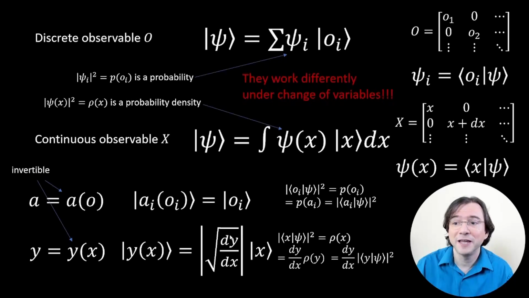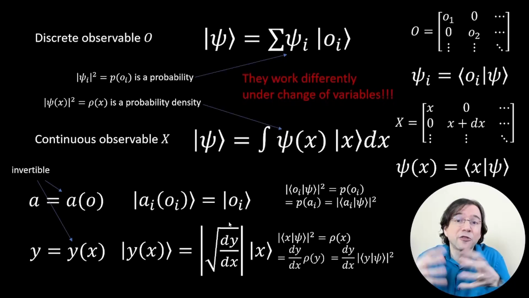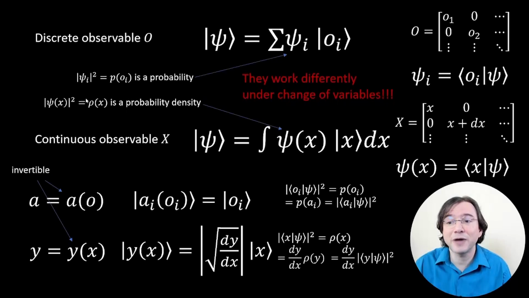This is because the probability density is defined over a volume, and now the volume is changing during the transformation. In terms of units, this would be probability over distance as defined in x. And now ρ_y needs to be a probability over distance defined in y. So if you change units, you are going to have a factor that adds up.